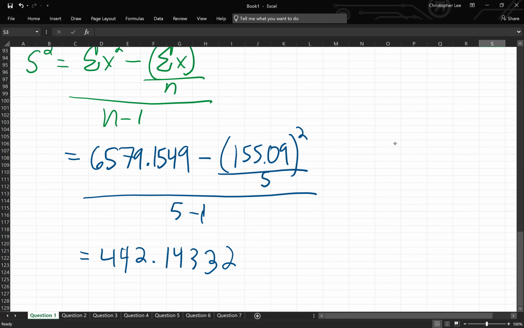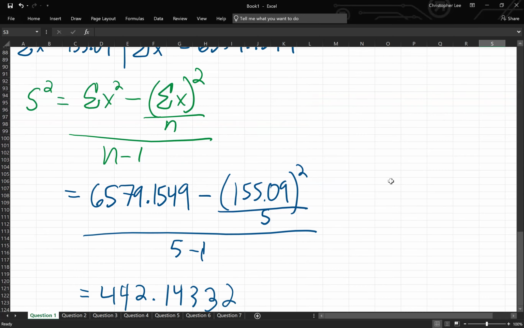This number here should be the same as our number, and that's what I got when I got the square root. When you square it, this number should match this number, if it's right.